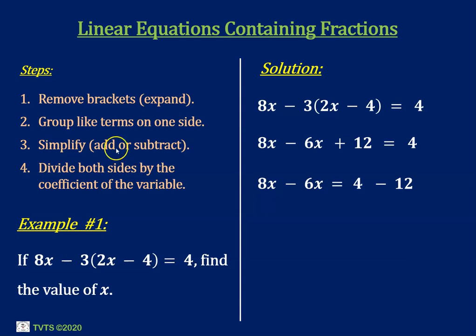We now simplify by adding or subtracting like terms. So on the left-hand side, 8x - 6x produces 2x. And on the right-hand side, 4 - 12 produces negative 8.